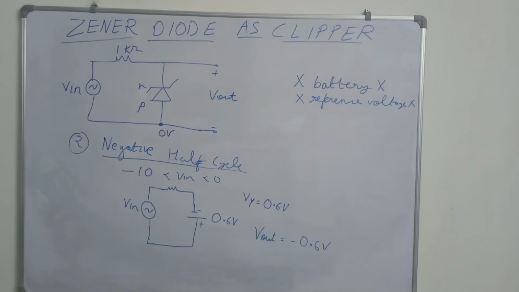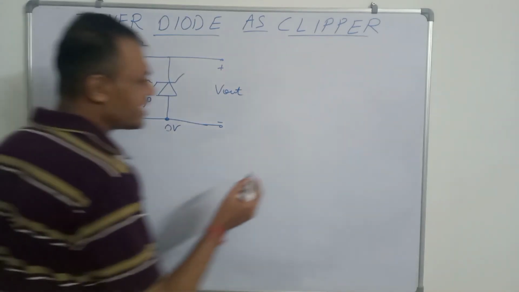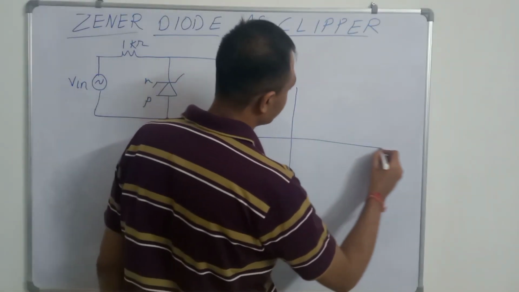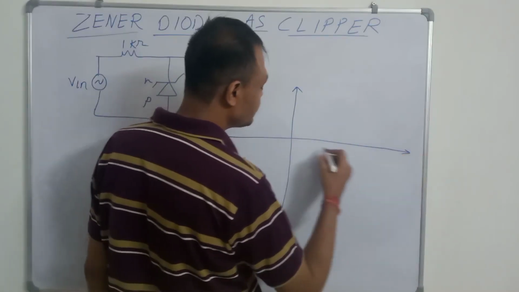So this is how this circuit works in the negative half cycle and the positive half cycle. Now we can draw the characteristics as well. We will draw the input and output characteristics. I am drawing the input voltage with a dotted line.